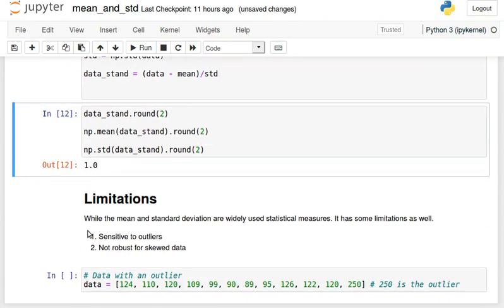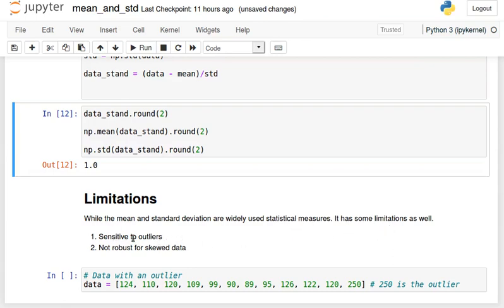There are limitations also for mean and standard deviation. They are very widely used statistical measures, but they are most commonly used for normally distributed data. They have some limitations which we will see here.